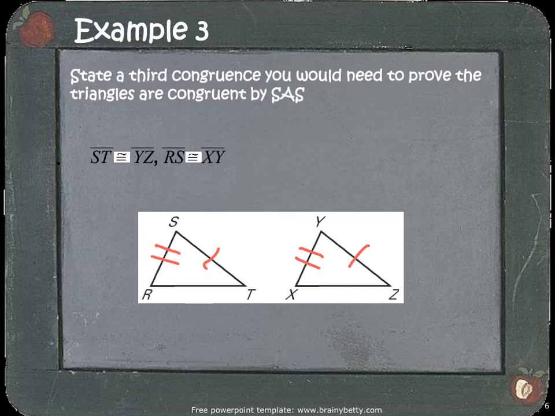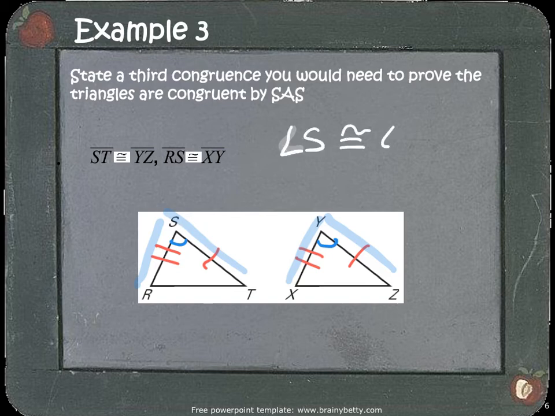In order to use side, angle, side, I would need to establish that angle S is congruent to angle Y, because again, remember, it needs to be the angle that is formed by the two sides that are marked as congruent. So my third piece of information would be to establish that angle S is congruent to angle Y. Then I could use side, angle, side.